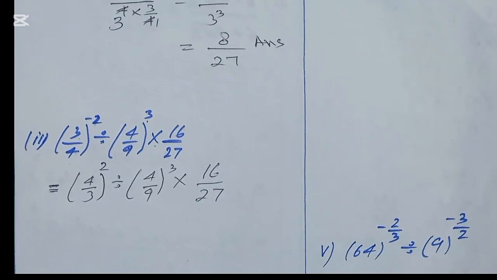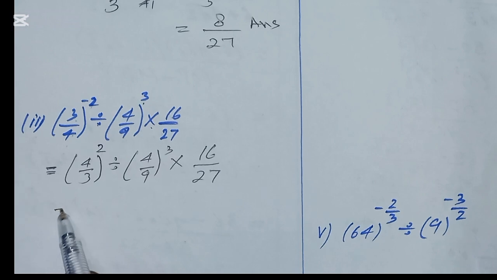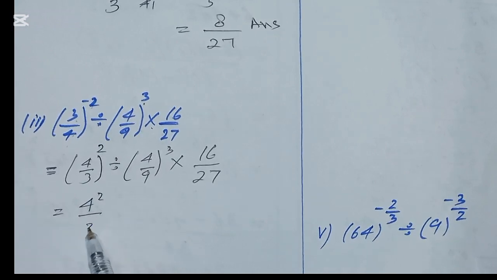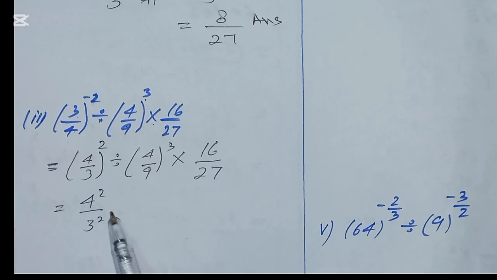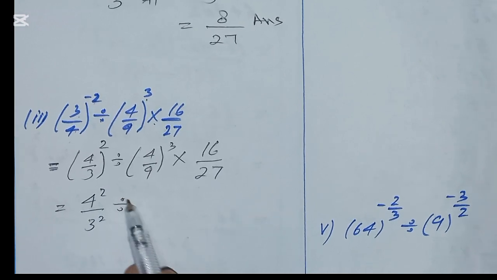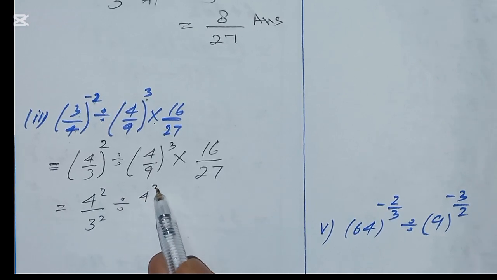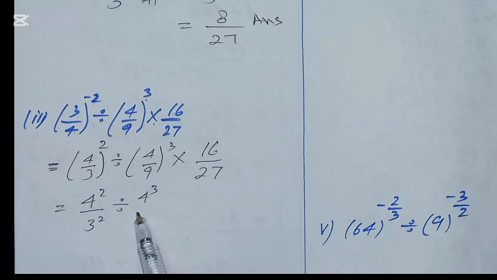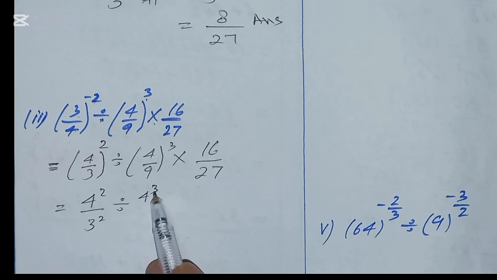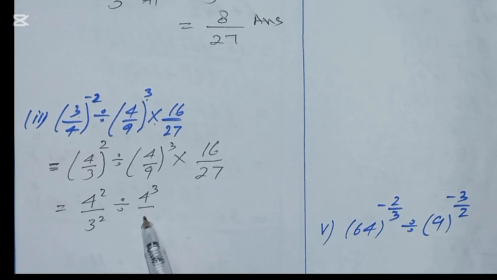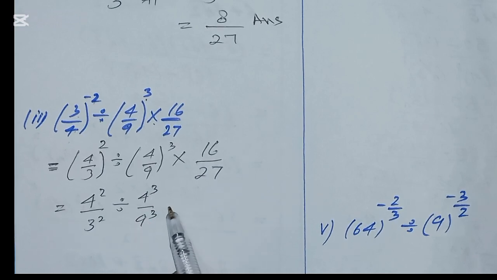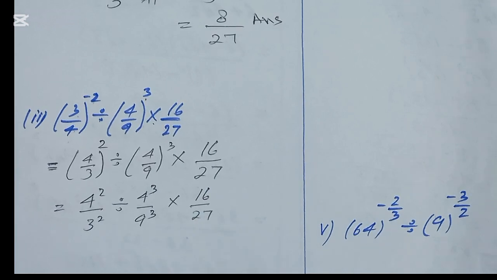The next step is, this can be written as 4 power 2 and 3 power 2 divided by, this can be written as 4 power 3 divided by 9 power 3, multiply 16 by 27.